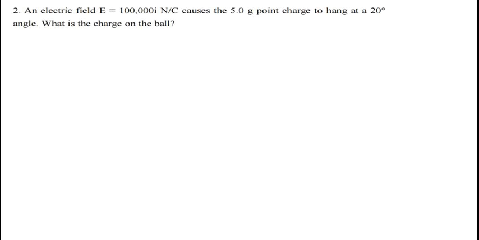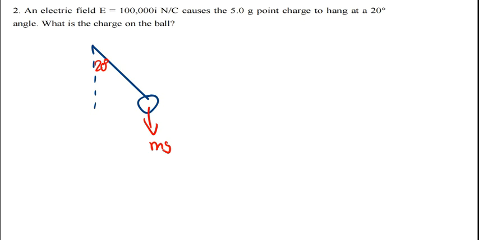So if something is pointed at an angle, let's say this has been pointed at an angle, and here is the angle, and here is our charge, which we don't know, and the angle is 20 degrees. As it is swinging, there is a force of gravity which is pulling this ball down. That force, I'm going to say it is mg.